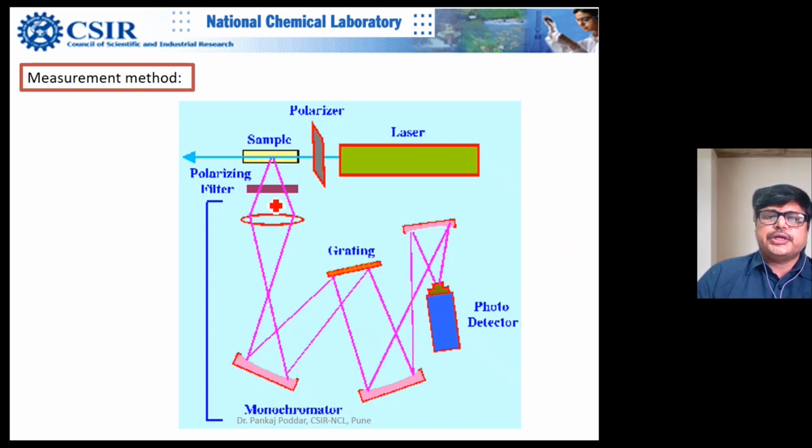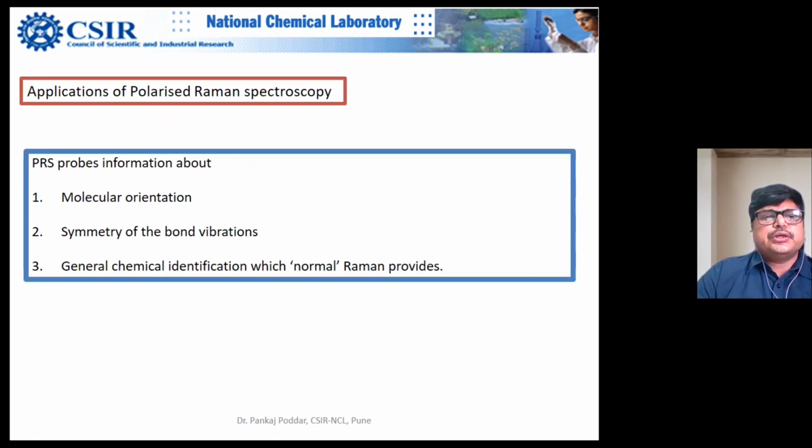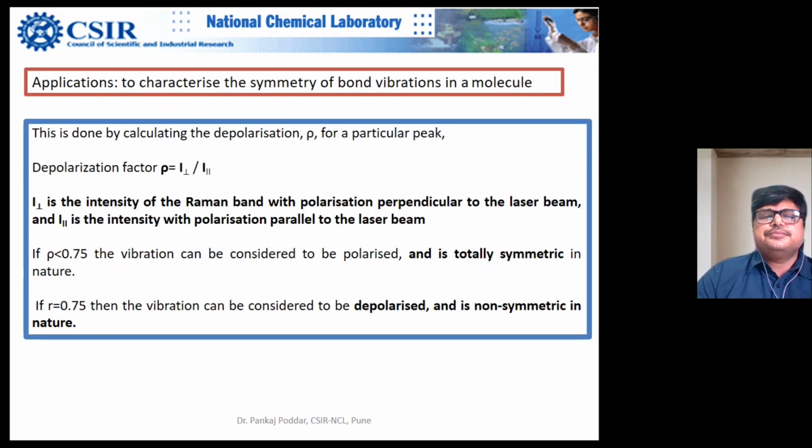The only thing you need is a polarizer and analyzer. That's it, nothing else. Once you split these energies, you can look at the depolarization ratio, rho, which is the ratio of intensity in the perpendicular direction and the parallel direction. Then you can learn a lot about molecular orientation, symmetry of bond vibrations, and many other things actually. You can conclude about the symmetric or non-symmetric nature of the system by looking at the depolarization ratio.